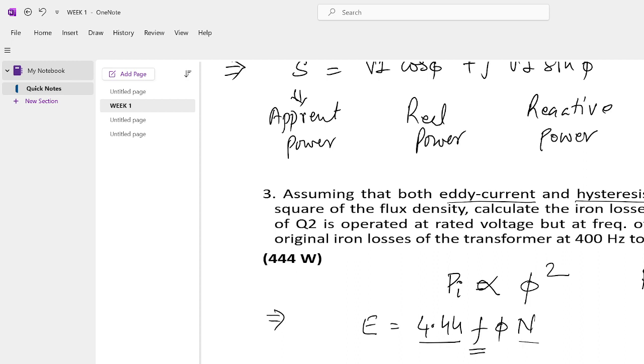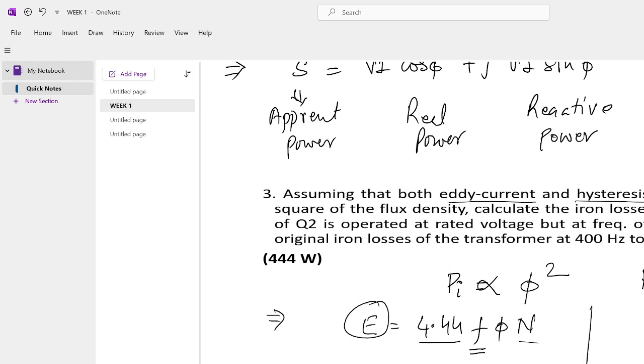So the operating flux, if we neglect the resistance and leakage inductance, is proportional to E by F, where K is some constant, and you can directly write this as V by F.